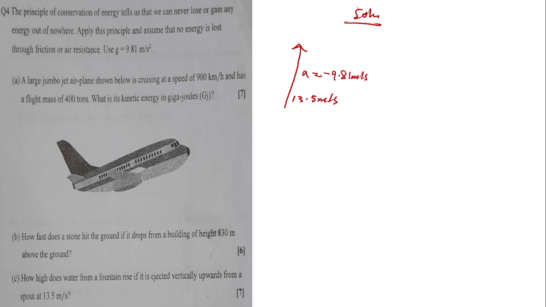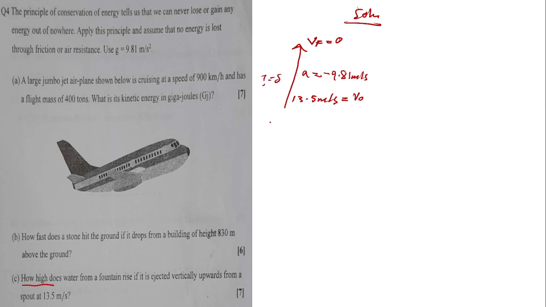Okay, so in this case, since they are saying how high, you use the same formula. We know v final there. V final will simply be equal to 0, and then this will be our v initial, and we don't have time, we don't have distance, which is s there. We don't know what the value of s is.